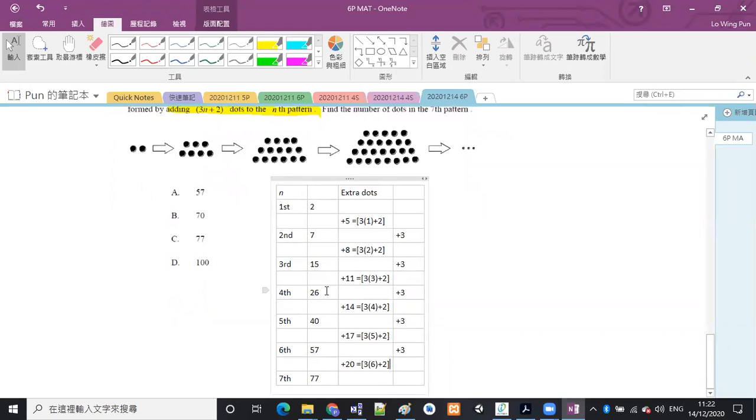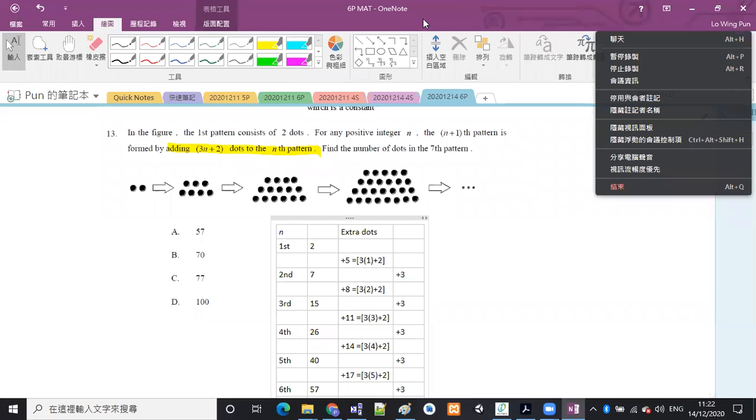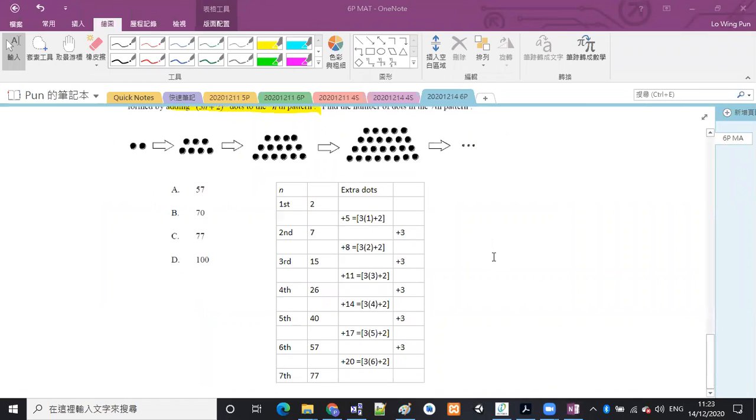Okay, and then the fourth pattern is formed by adding 3 times third plus 2. So that is adding 11 dots to the third pattern. 即係每一次要加嘅點數就係咁樣計出嚟。我哋計咗要加幾多點之後，就加落去之前嗰一幅圖嘅點數，就會出到下一幅圖嘅點數。Do you understand? Okay, good.